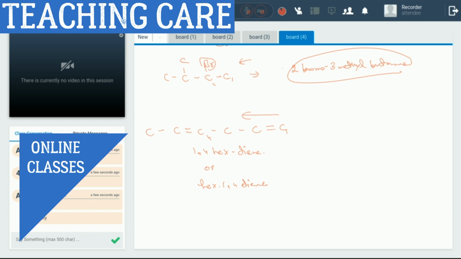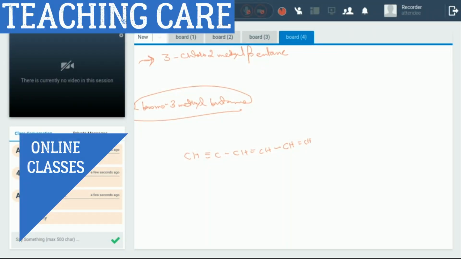Now, if there is a triple bond, what do you call it? It's called alkyne. So CH triple bond C, CH double bond CH, CH double bond CH2. What is the name of that?